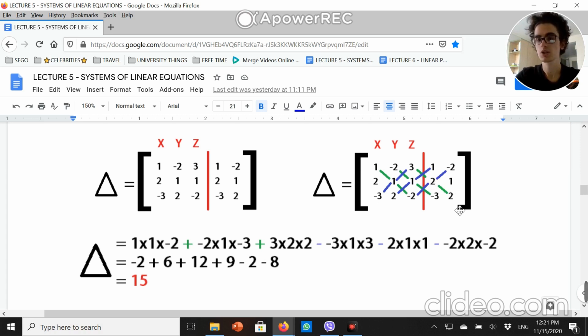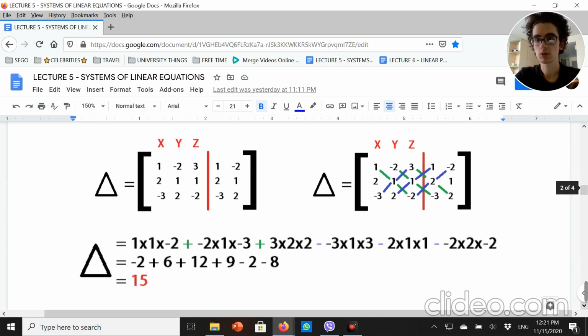Now we just calculate and simplify. We'll have negative 2 plus 6 plus 12 plus 9, because this would give us negative 9, minus and minus gives us plus, minus 2 minus 8, and we get that our delta equals 15.